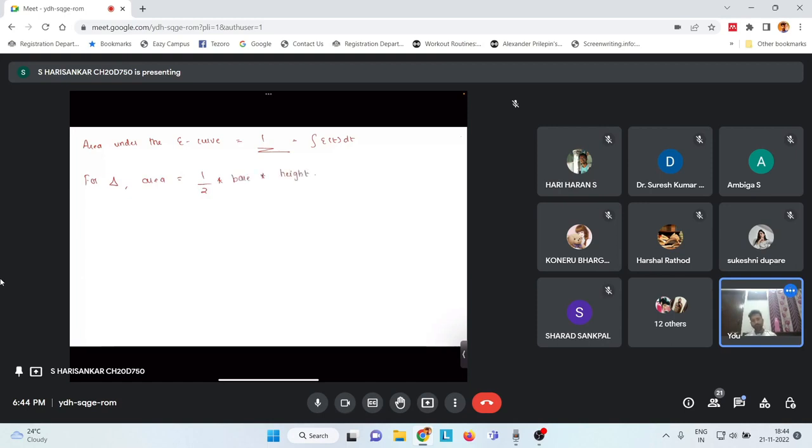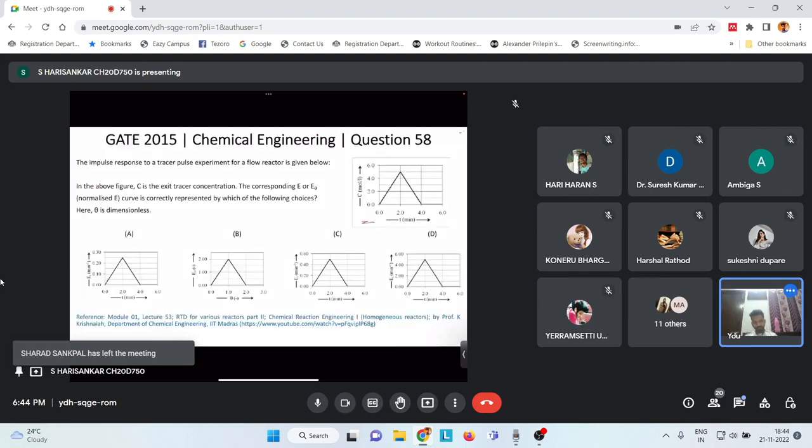For the first case, the area is half into 4 into 0.25, so this is 1 by 2. This is not equal to 1, so A cannot be our option. We do the same for the remaining three options.